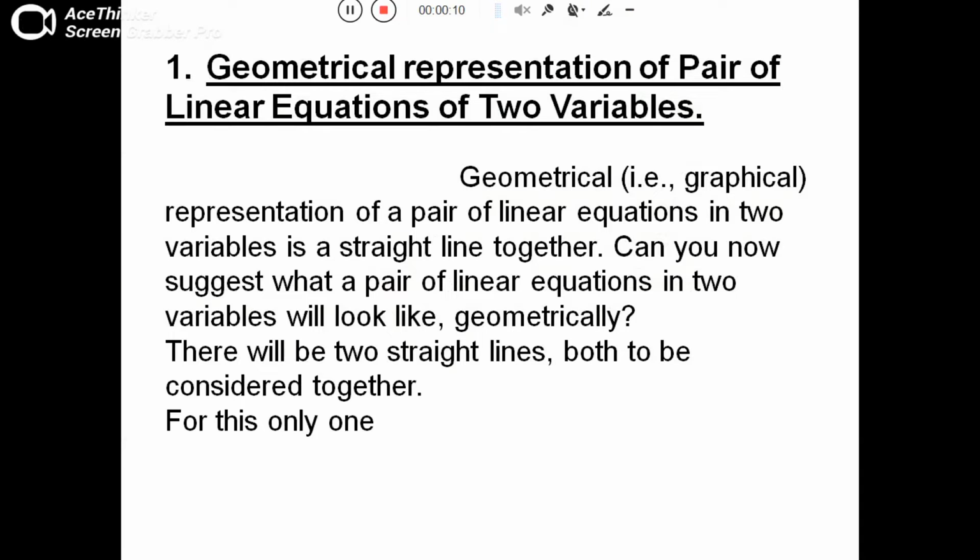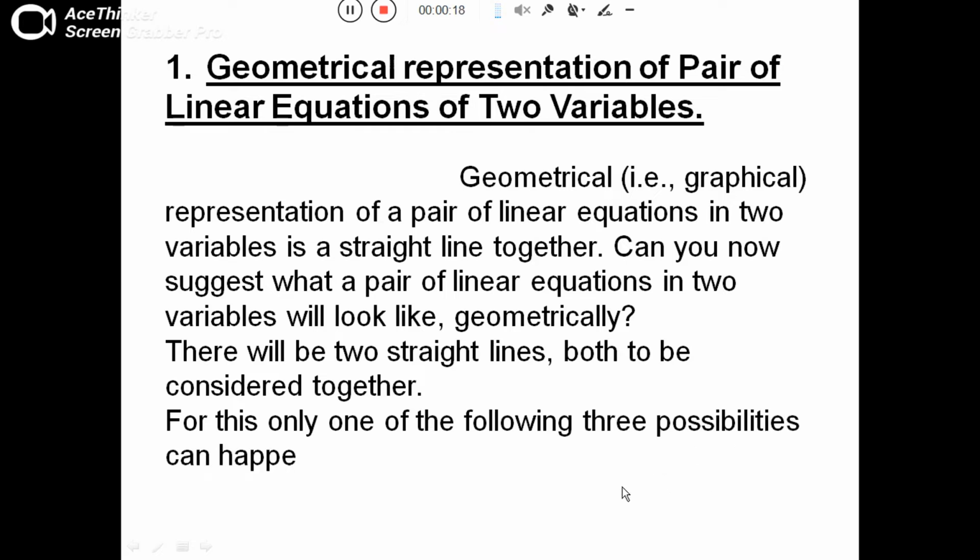For this, only one of the following 3 possibilities can happen after representing it graphically. Let us see what these possibilities are.